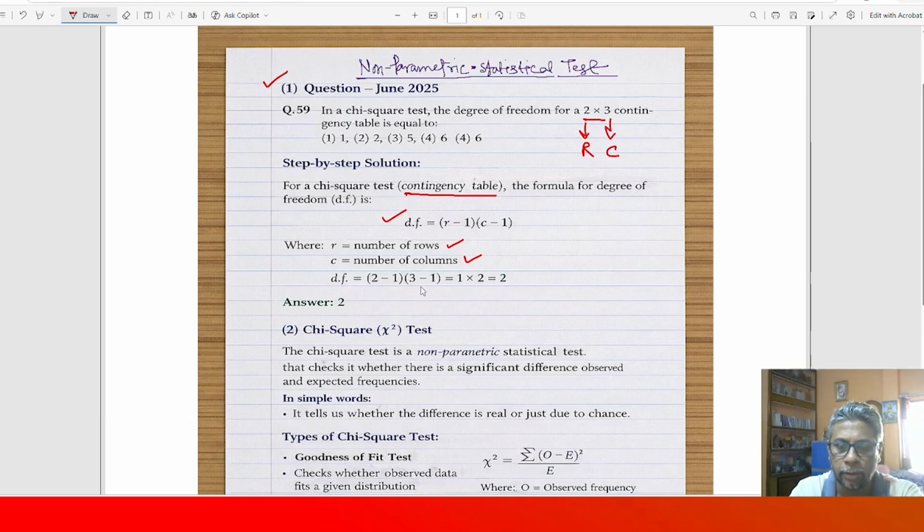So (2 minus 1) into (3 minus 1) is 2. So 2 is the correct answer.